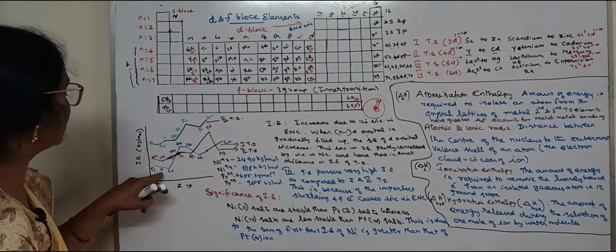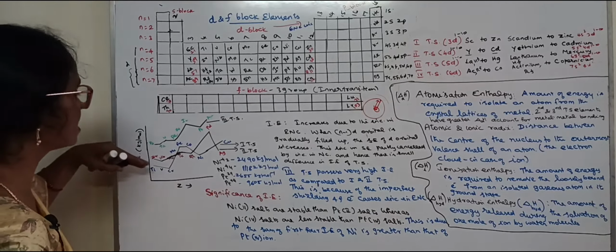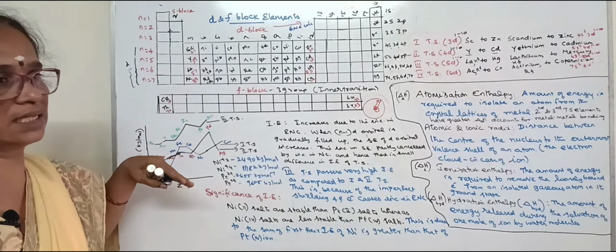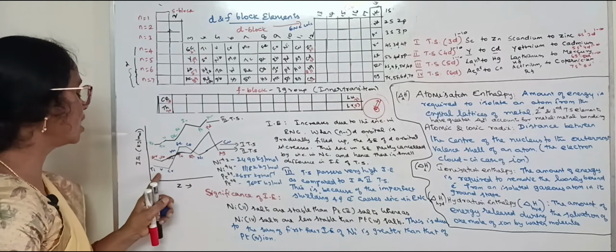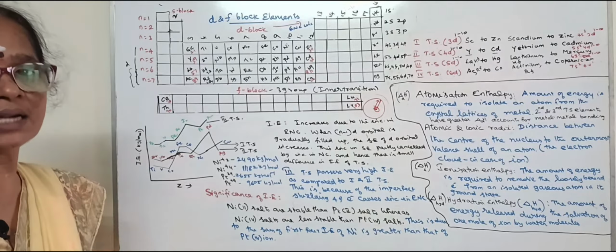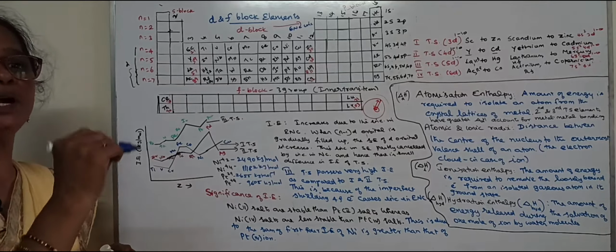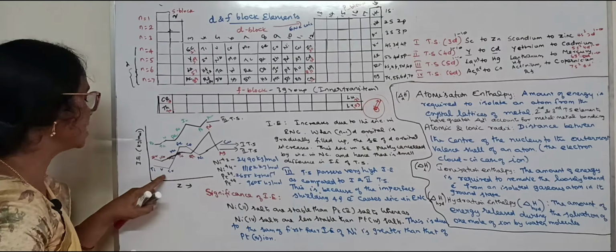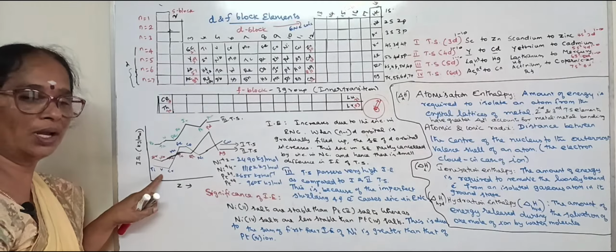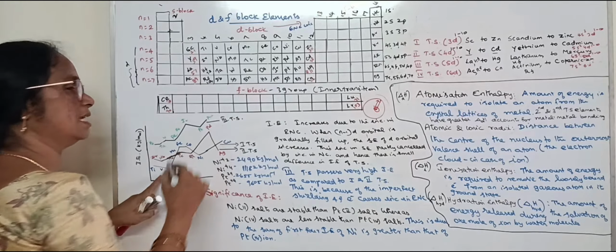Initially, for titanium, vanadium, chromium, the ionization enthalpy slowly decreases. This is because they all have only a single electron, an unpaired electron, in it. So in this case the effective nuclear charge is smaller. But when it increases, what happens?